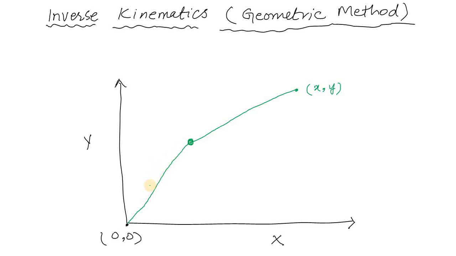Sorry, the link 1 and link 2. So this was here the joint 1, joint 2, and then we have link 1 and link 2 here.